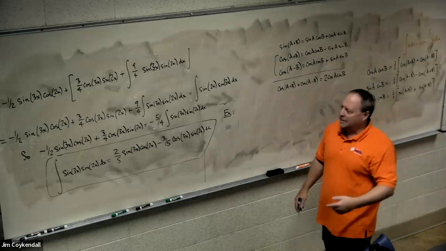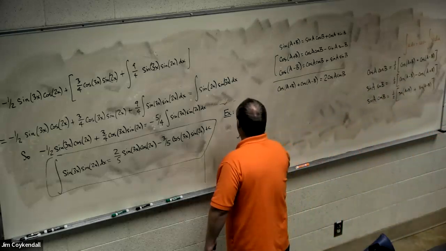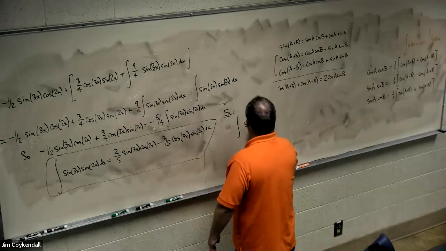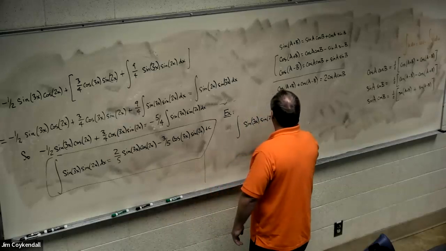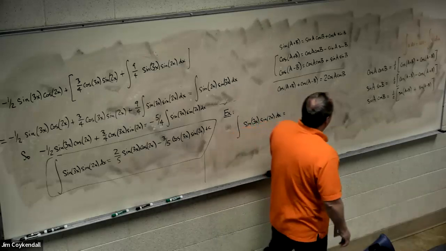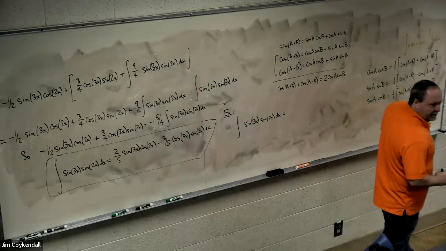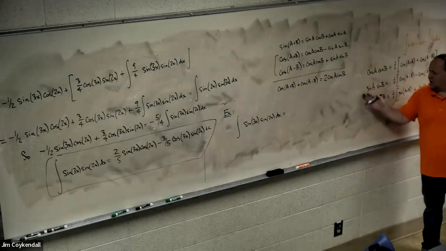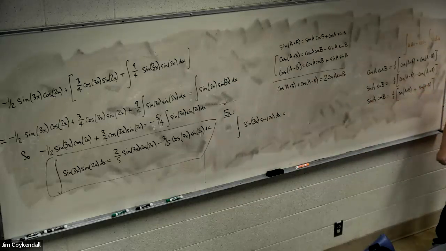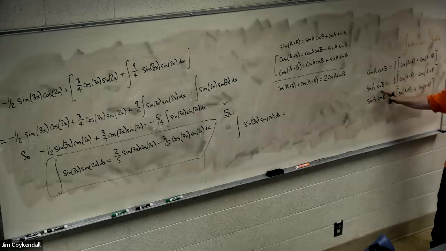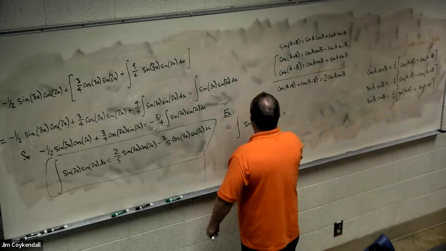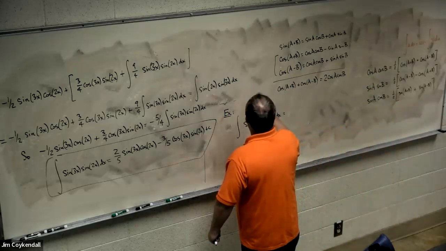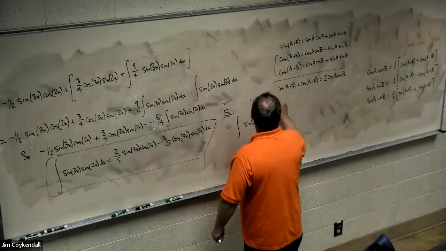So what good is this? Let me do this problem. So we have the integral of sine 3x sine 2x dx. We have three identities. To this problem, which one of these three is probably relevant? Sine A sine B. So here, I want A to be 3x and B to be 2x.